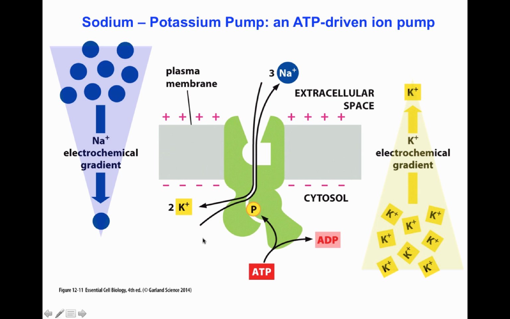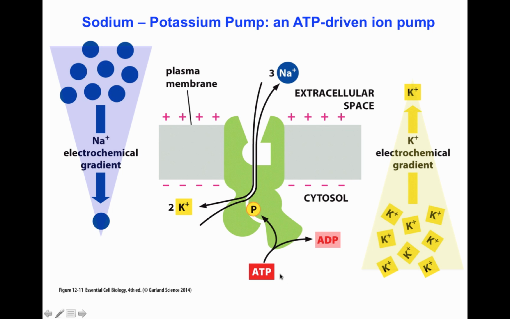That will then take the permeation of the potassium pump, the sodium potassium pump, excuse me. In this case, the sodium potassium pump works in such a way that 3 sodium ions will be pumped out with the use of ATP, and concomitantly, you will have the import of 2 potassium ions from the extracellular milieu to the inside of the cell.